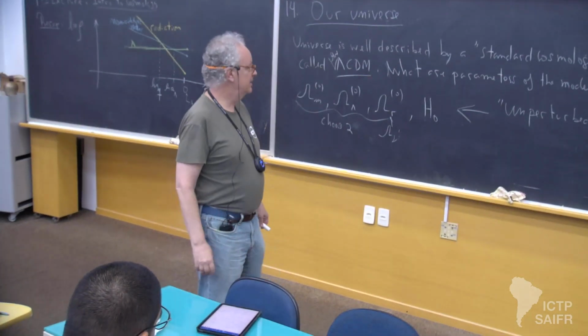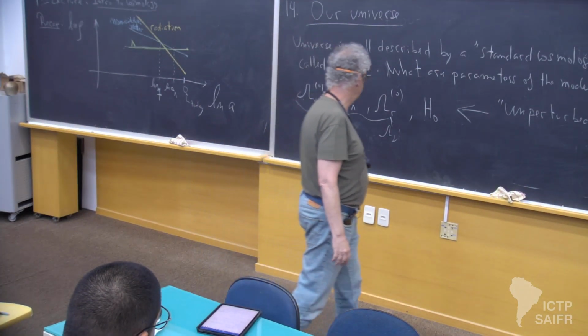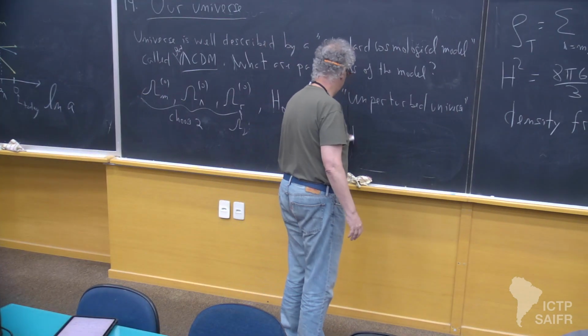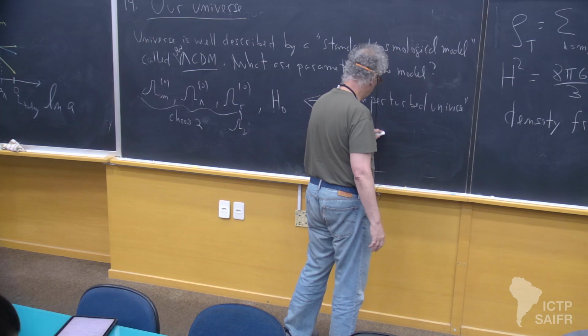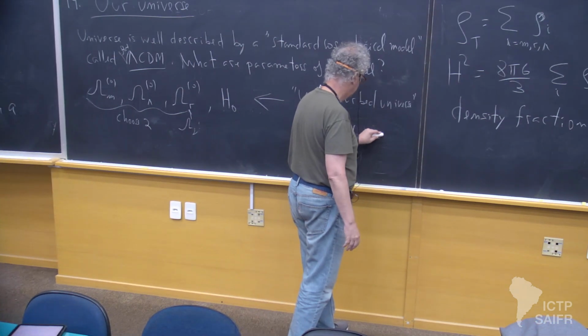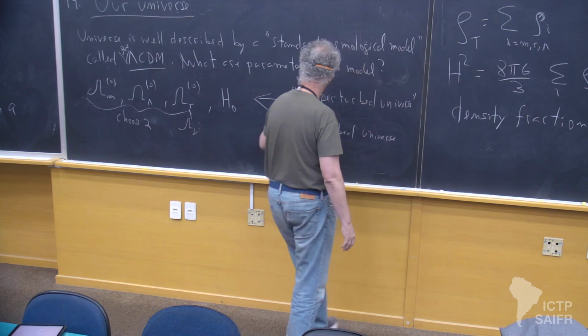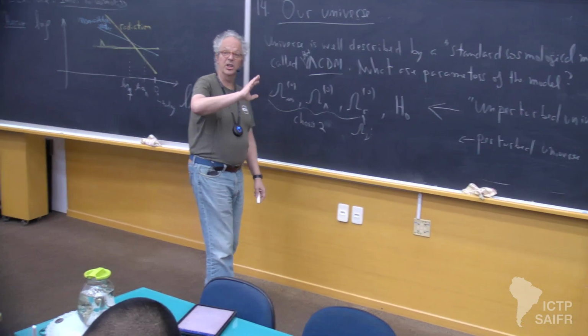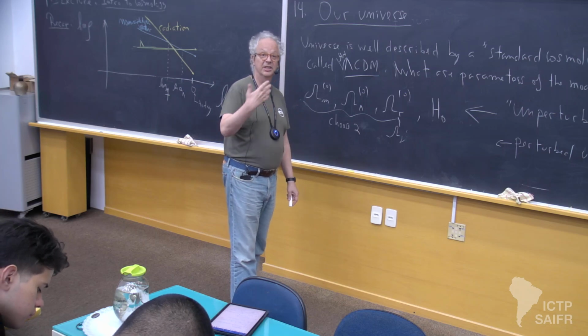Now, there are 2 parameters that need to be, when you're talking about the perturbed universe, which we are not doing in these lectures, but just for you to know, if you look it up, there are 2 other parameters that you need to consider, which, of course, were not mentioned in these lectures because we didn't need them.